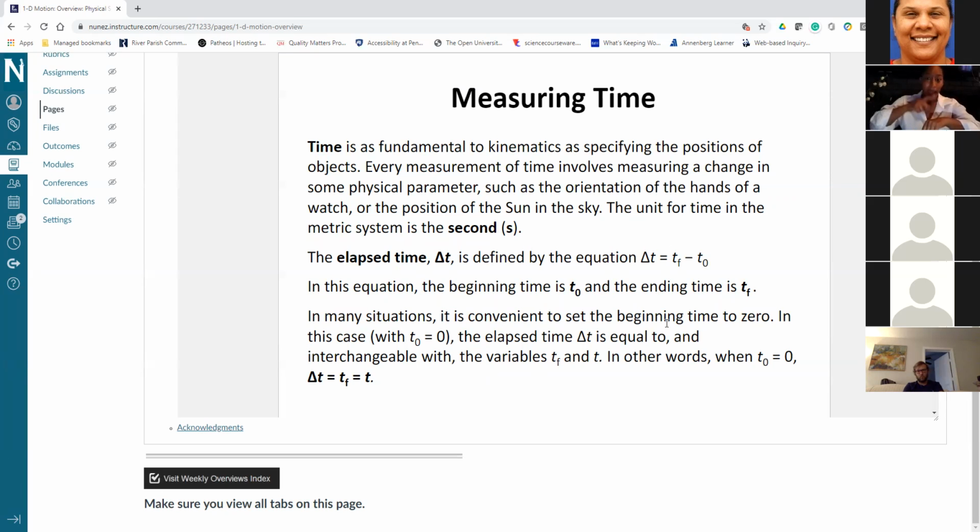In that case, delta t is just equal to t final, or just t. If our starting time is 0, we don't need to subtract 0 every single time. Just say delta t is equal to t and leave it at that. I'm not saying we always start our clock at 0, but it's convenient if we do.